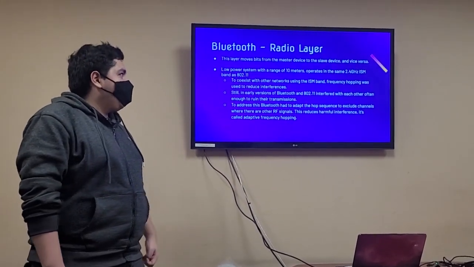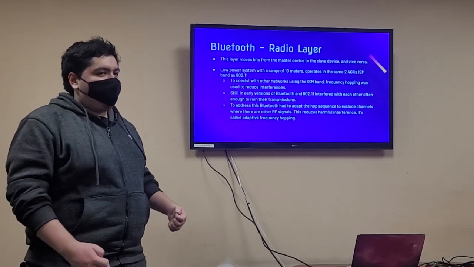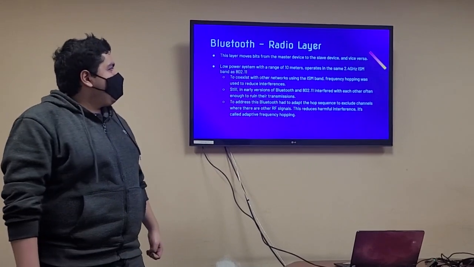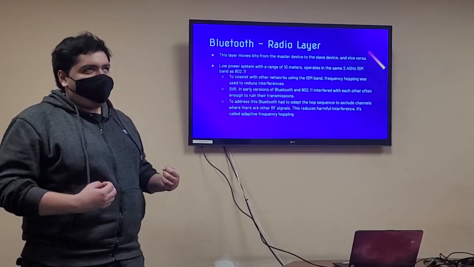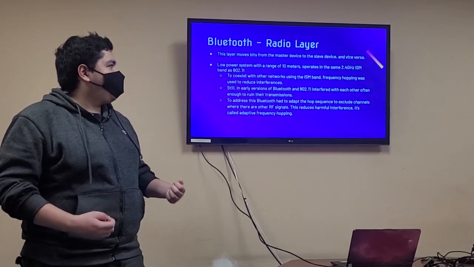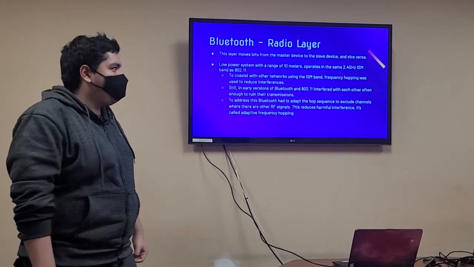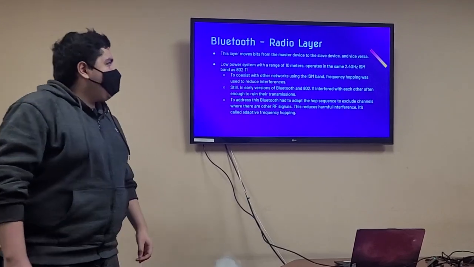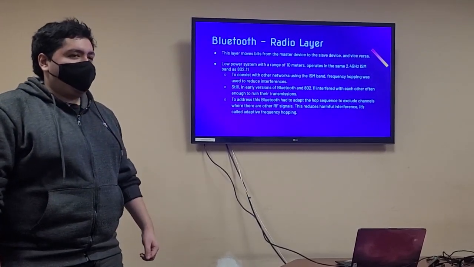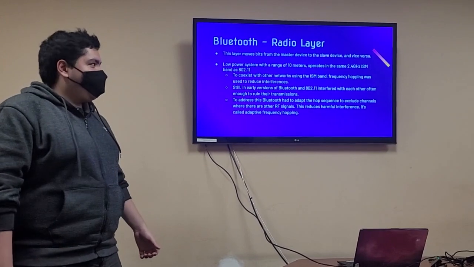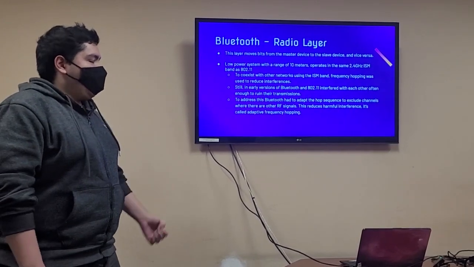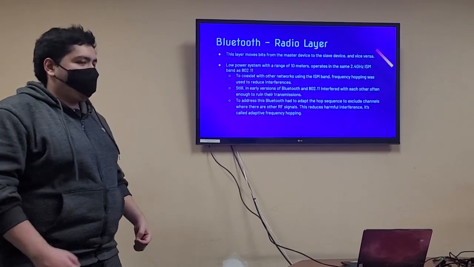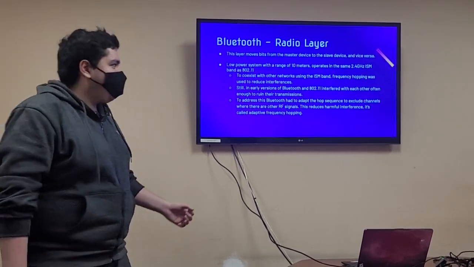Now the radio layer moves bits between the master device and the slave device and vice versa. It is a low power system, with a low range of 10 meters, and operates in the same 2.4 gigahertz band as 802.11. To coexist, these two had to use a method called frequency hopping to reduce the interference between the two.